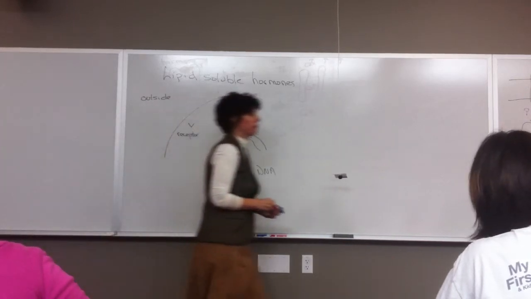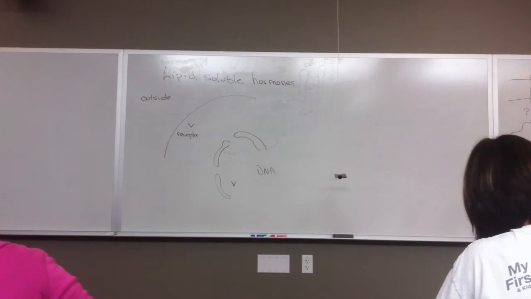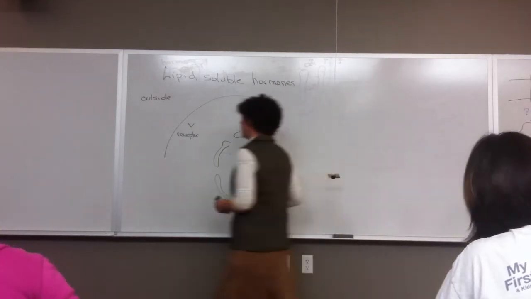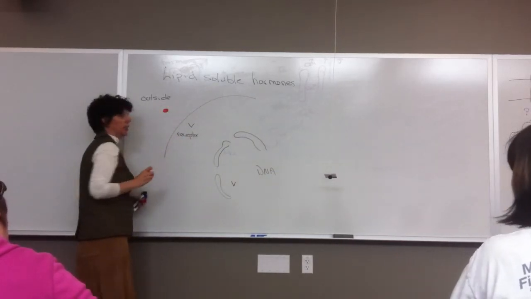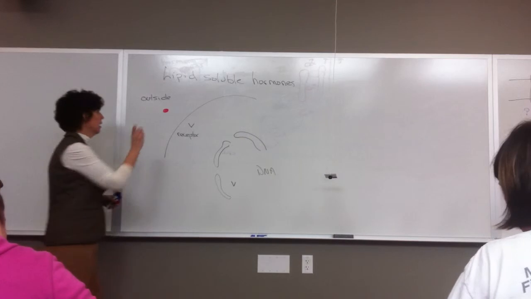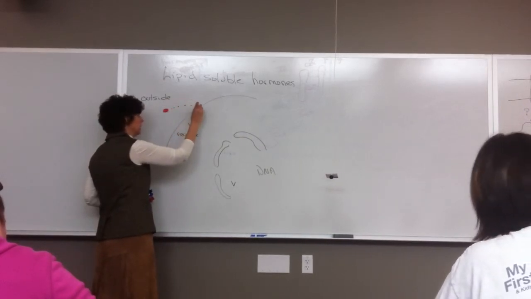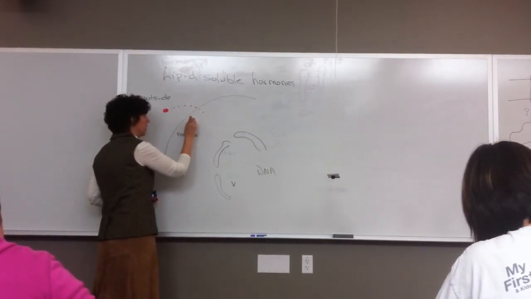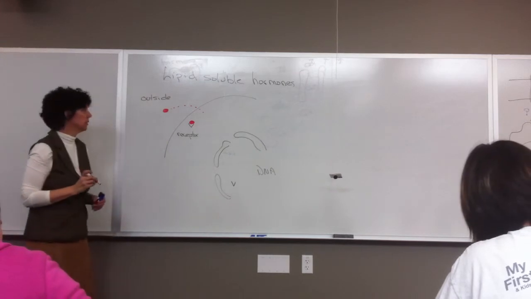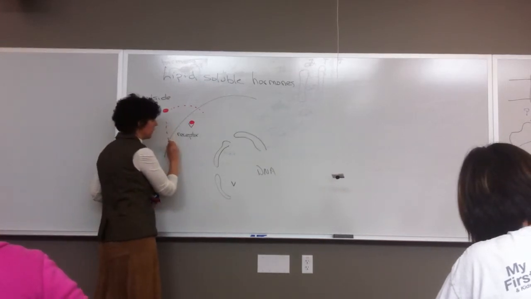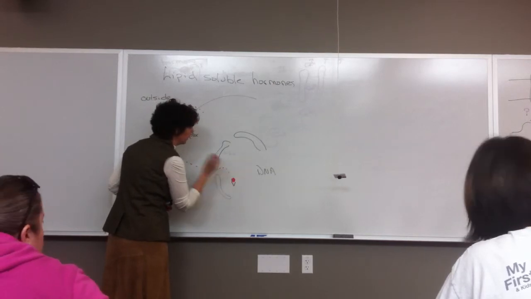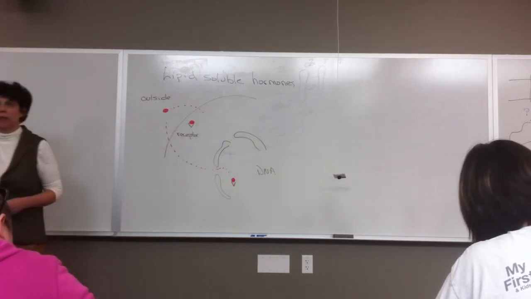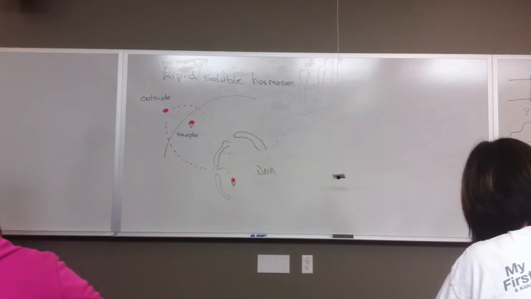Our hormone is lipid soluble, and so it will diffuse out of the capillary into the fluid and the loose connective tissue, cross the plasma membrane, and bind to the receptor. Or it may diffuse across the plasma membrane through the nuclear pore and bind to the receptor already inside the nucleus.